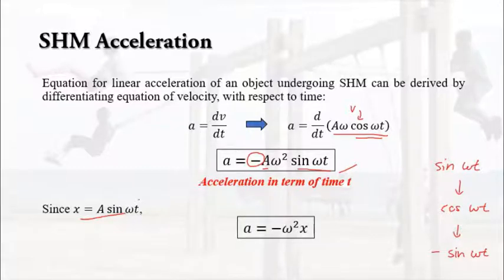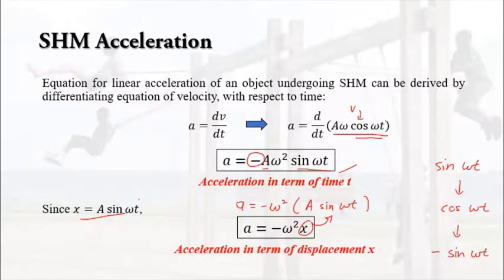Why? Because if you rearrange the equation above, you're going to get a equals to negative omega square bracket A sine omega t, and A sine omega t is your x. So this one is the acceleration in terms of displacement. If you notice, in the acceleration in terms of time, there's no x in the equation, whereas for the acceleration in terms of displacement, there's no t in the equation.